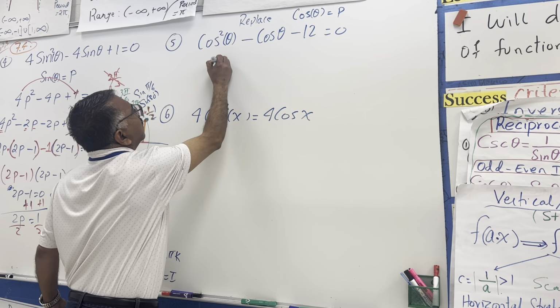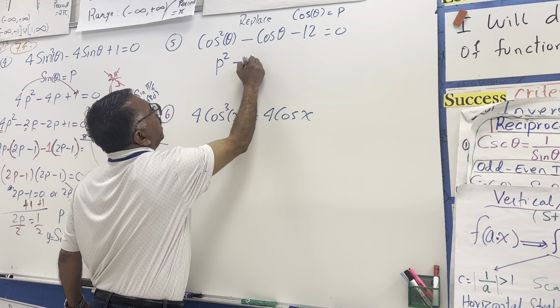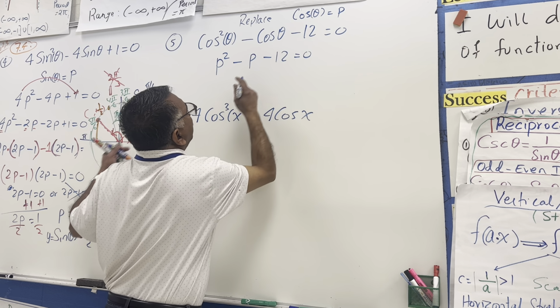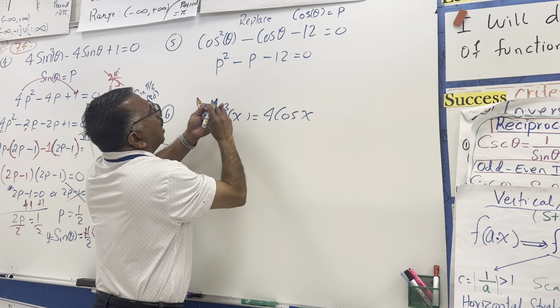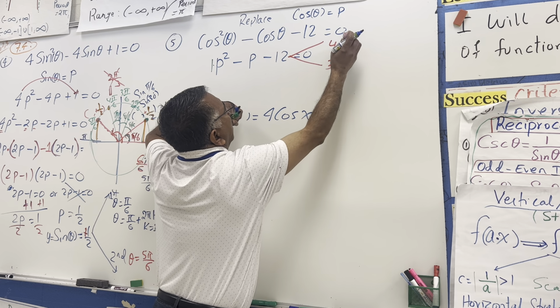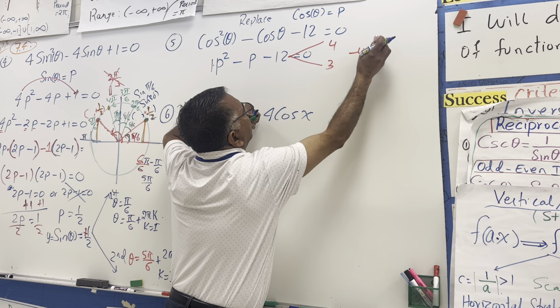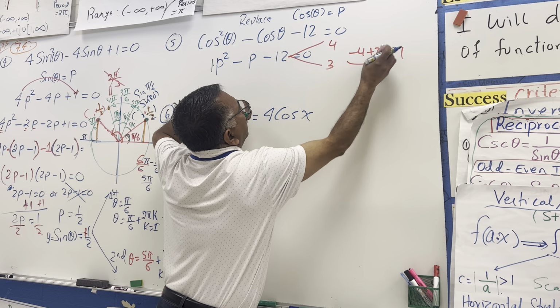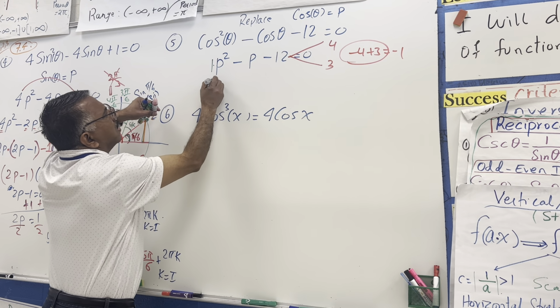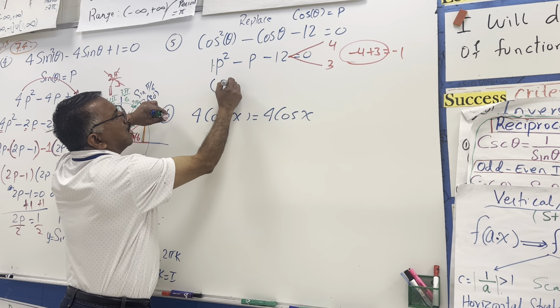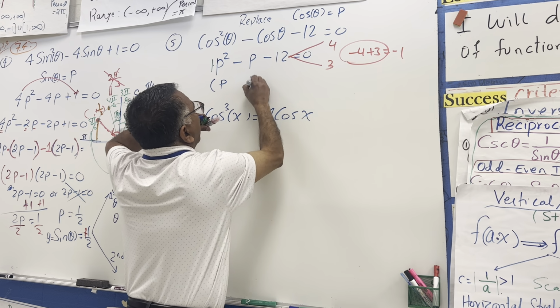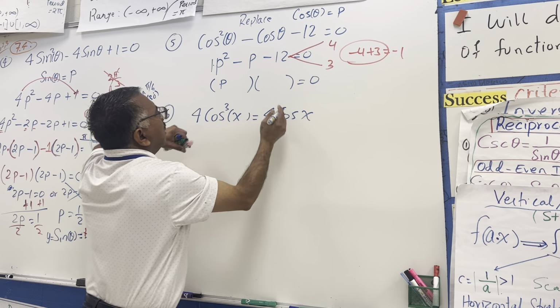So this whole thing reduces to p squared plus p minus 12 equals 0, and there's already a 1, so we just have to split negative 12 as 4 times 3 is 12, and negative 4 and positive 3 is negative 1. These are the good choices, and you can write this as p minus 4 and p plus 3, so you have 2 factors equal to 0.